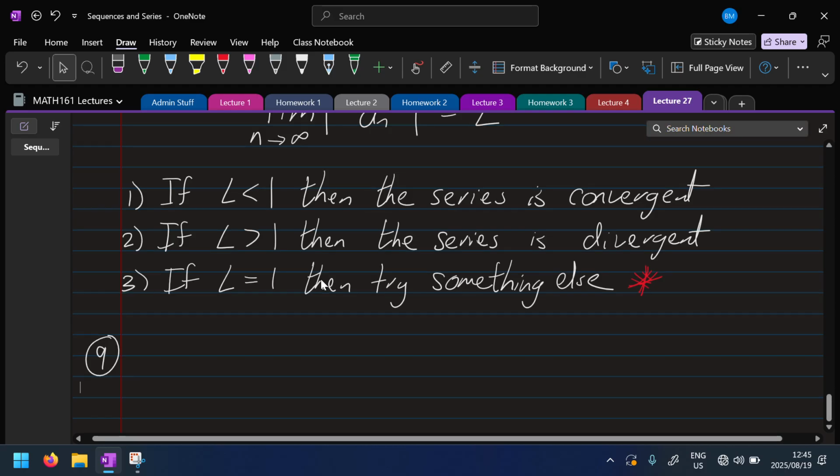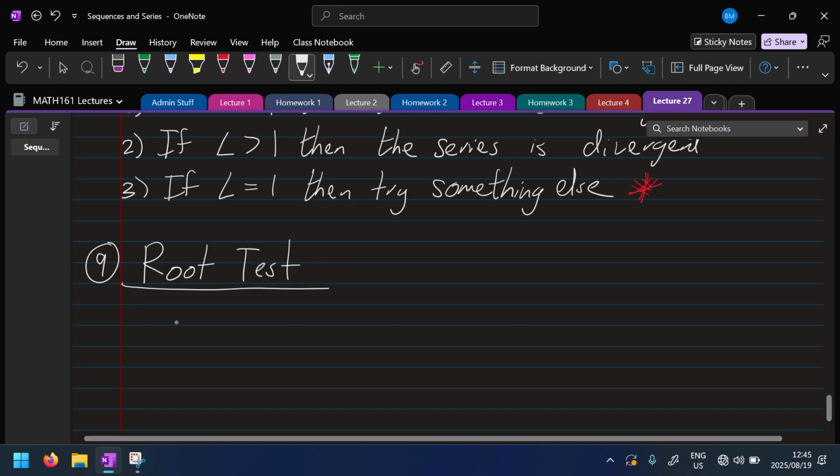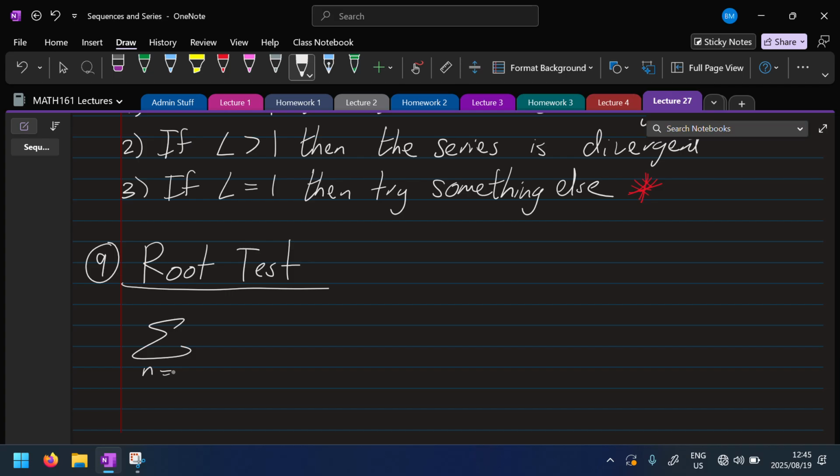And then number 9, the root test. Again, we've got some series, n from 1 to infinity, a sub n. Like the other one, we calculate this particular limit: the limit as n goes to infinity of the absolute value of a_n to the power 1 over n.